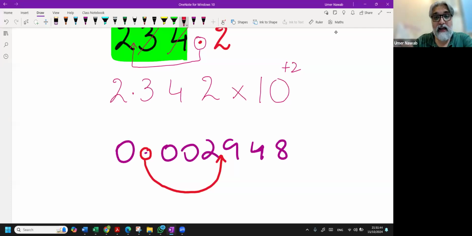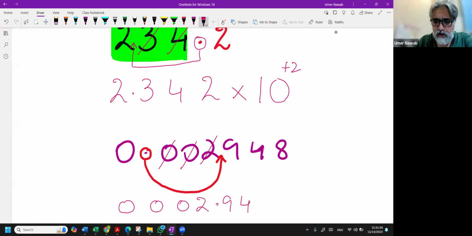So how many digits am I going to cross? I will pass 3 digits. Now, what am I going to write, guys? Maybe some students will say 0.948 times 10 raised to the power. Since I'm moving towards the right, a small number is made a big number, so I am going to do the opposite, so negative power, okay?